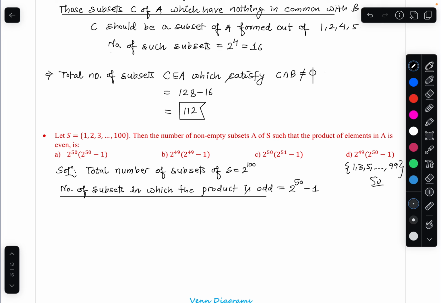I'm doing this minus 1 because if you remember, when we write the number of subsets of any set, phi is always there. But since I want the product to be odd in this case, I'm discarding this phi from the possibilities I have. So 2 power 50 minus 1, this 1 is to exclude the case where the empty set is there.